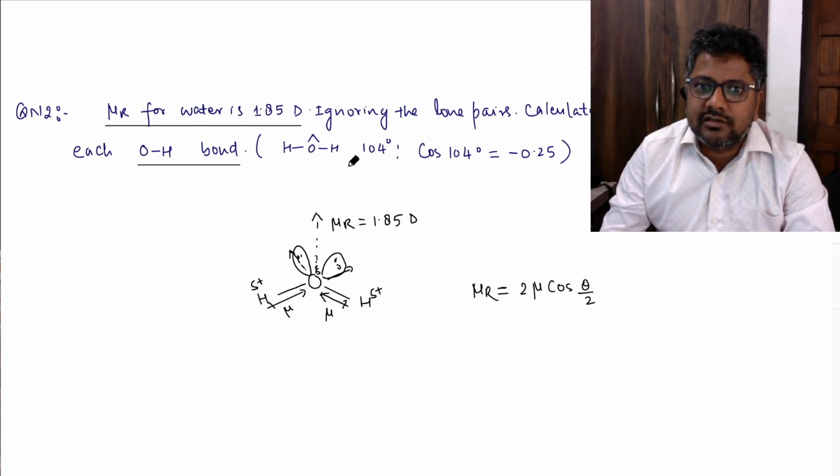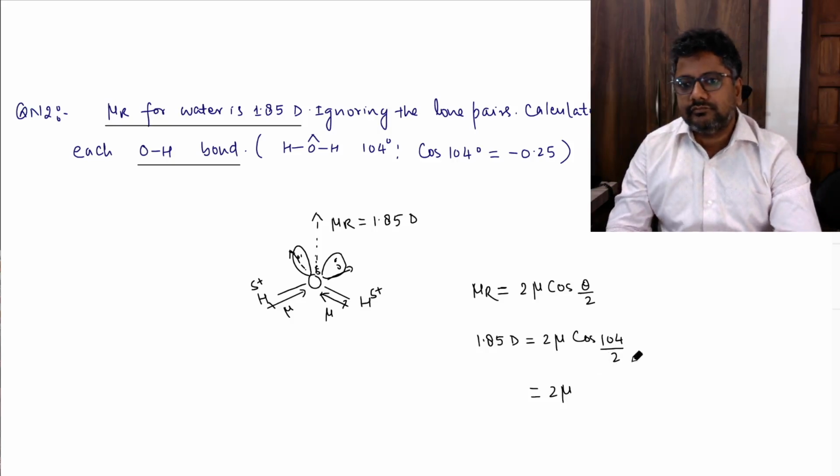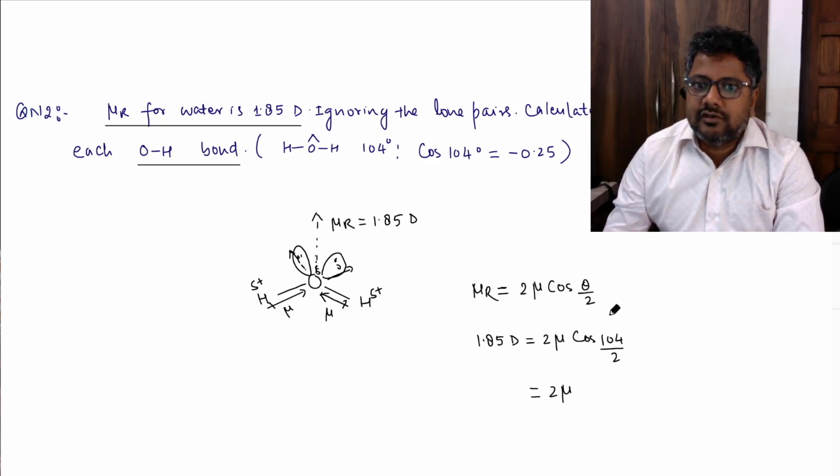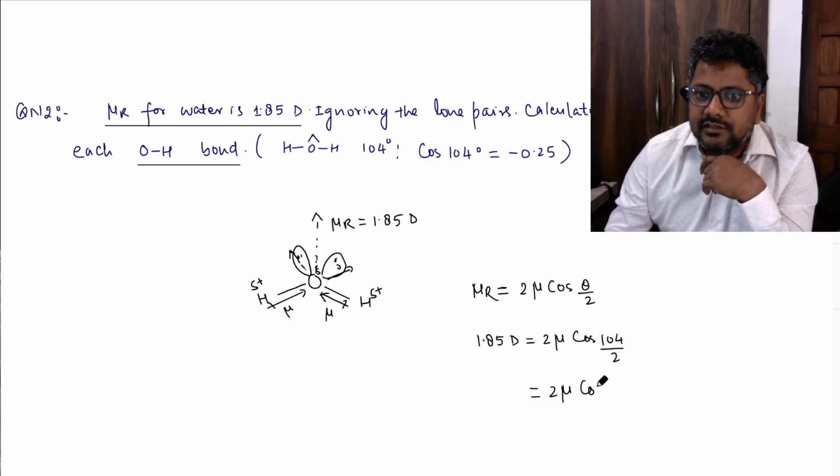So mu r is given. Mu r is what? 1.85 Debye is equal to 2 mu, which we have to calculate, and cos theta by 2, that is cos 104 by 2. So this is cos 52 degree.